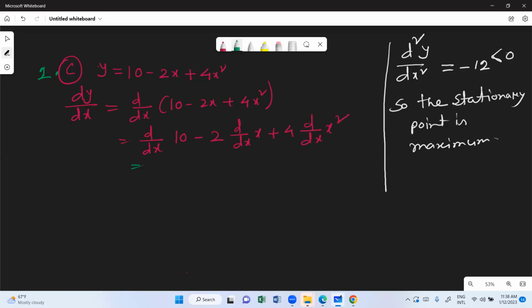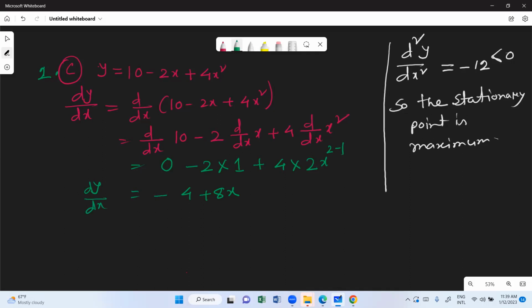Constant differentiated with respect to x is 0, minus 2. x differentiated with respect to x is 1, plus 4 into x square differentiated is 2x to the power 2 minus 1. So finally we get minus 4 plus 8x. So dy by dx equals to minus 4 plus 8x.